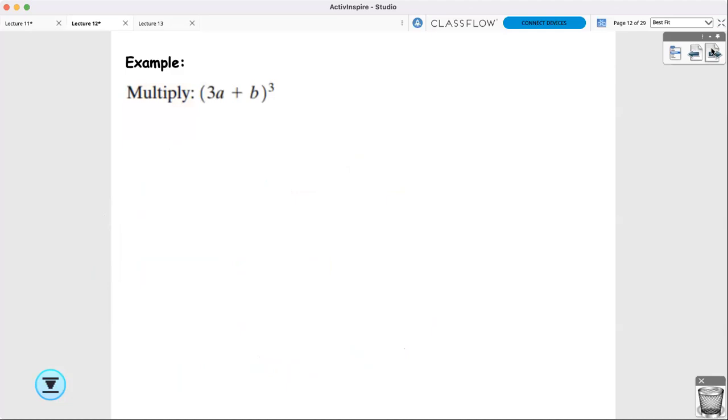Now we're multiplying (3a + b) cubed. So that's pretty much multiplying 3a plus b times another 3a plus b times another 3a plus b, because it's cubed. For the first two, we're just gonna use arrows.